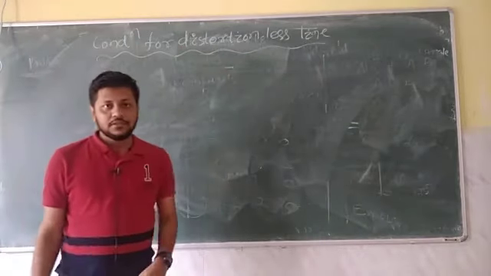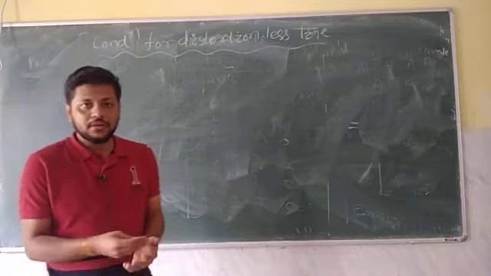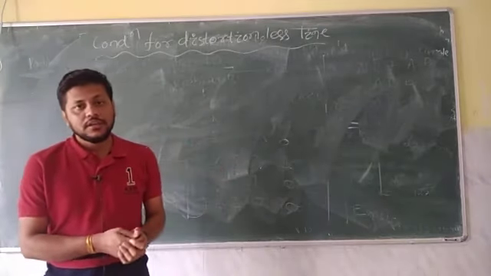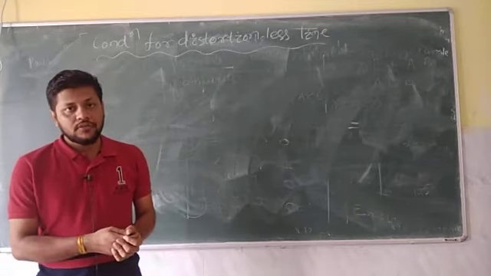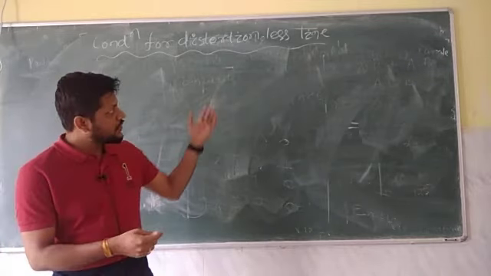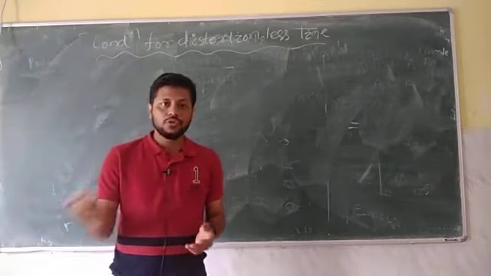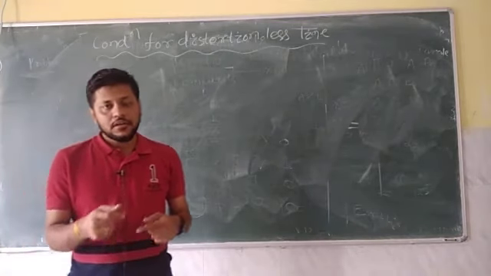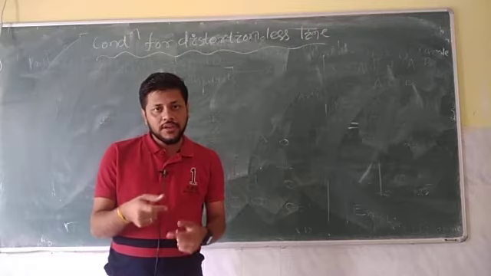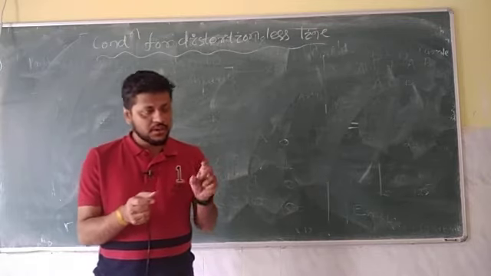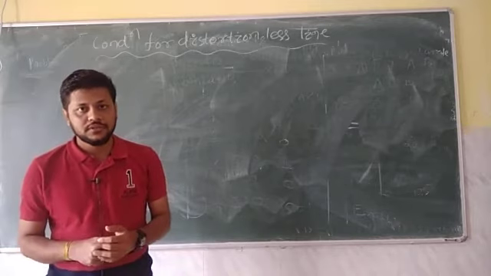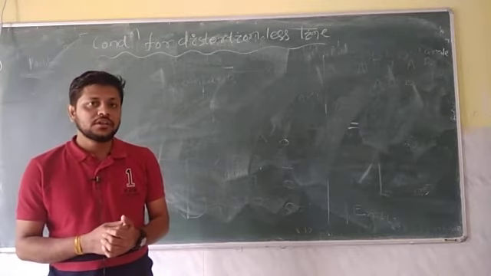Distortionless means, as we studied in your analog electronics amplifier subject, that if you want to transmit a signal from source to load via a transmission line, then that intermediate medium, the transmission line, should not change the shape of the signal.